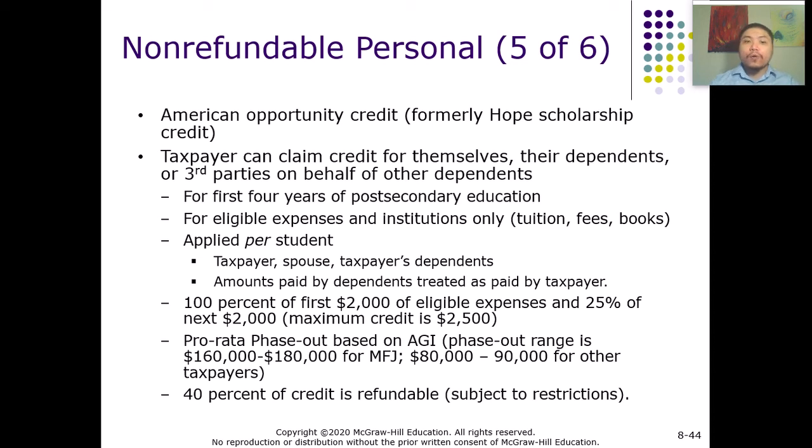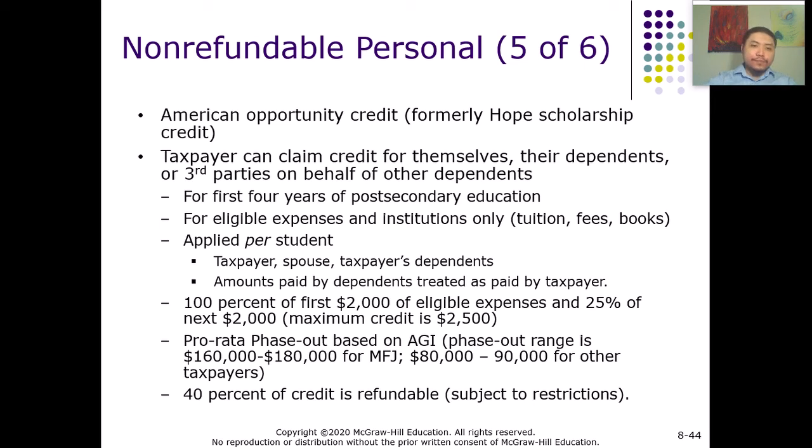Or even if the taxpayer is paying for someone else's kids, right? So my sister has a kid and I pay for her kid to go to college, then I can also claim this tax credit, right? Because I'm supporting someone else on behalf of their parents to go to college, right?